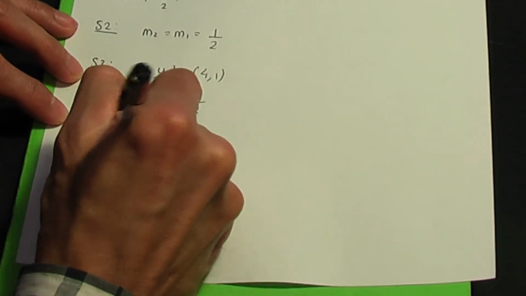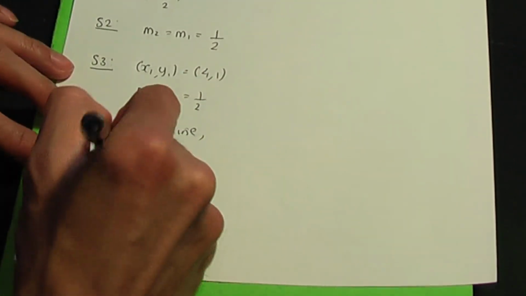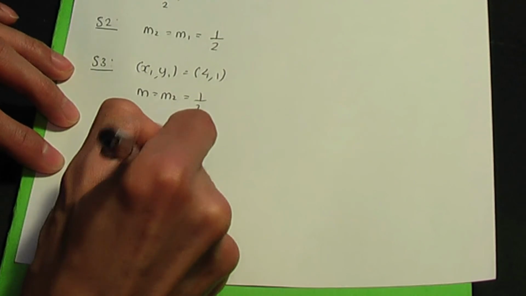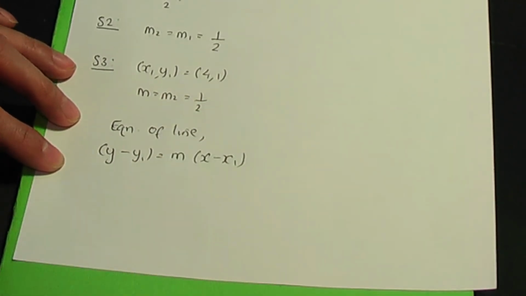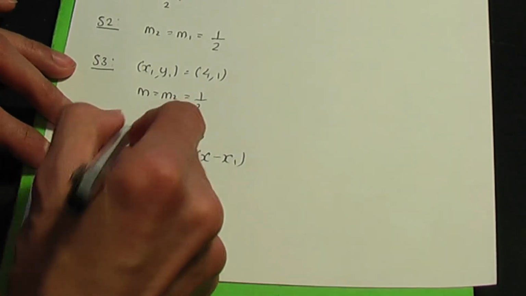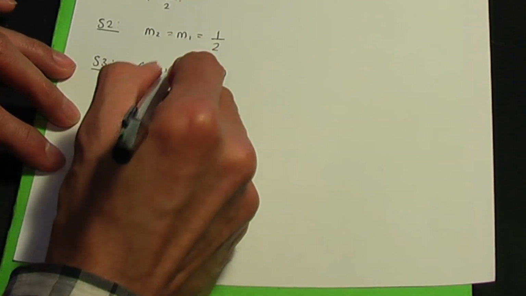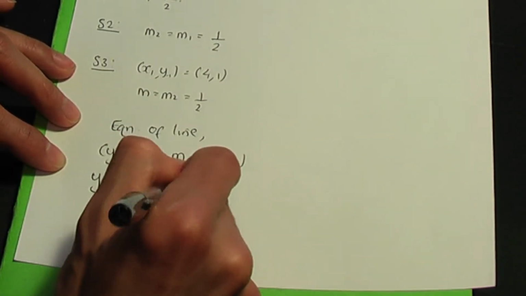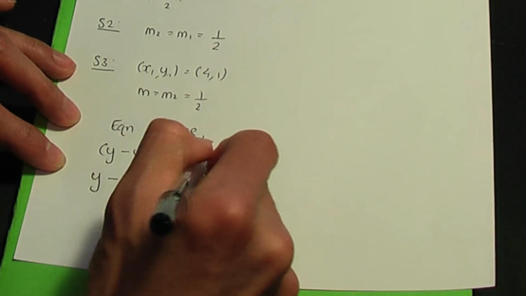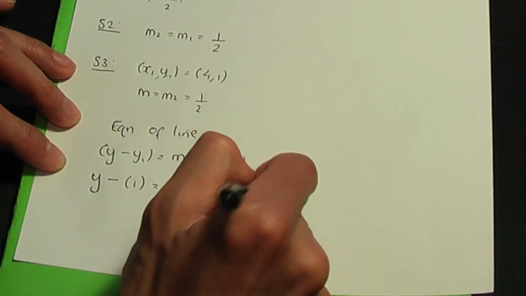So remember the formula, y minus y1 equals m into x minus x1. So if I substitute the data, we'll have y minus y1 is 1, that is equal to m, which is half, into x minus, and x1 is 4.